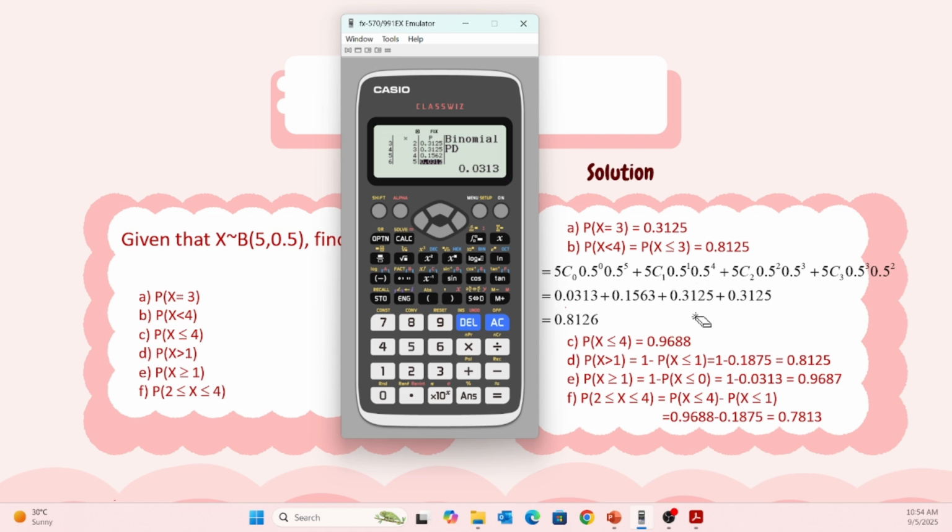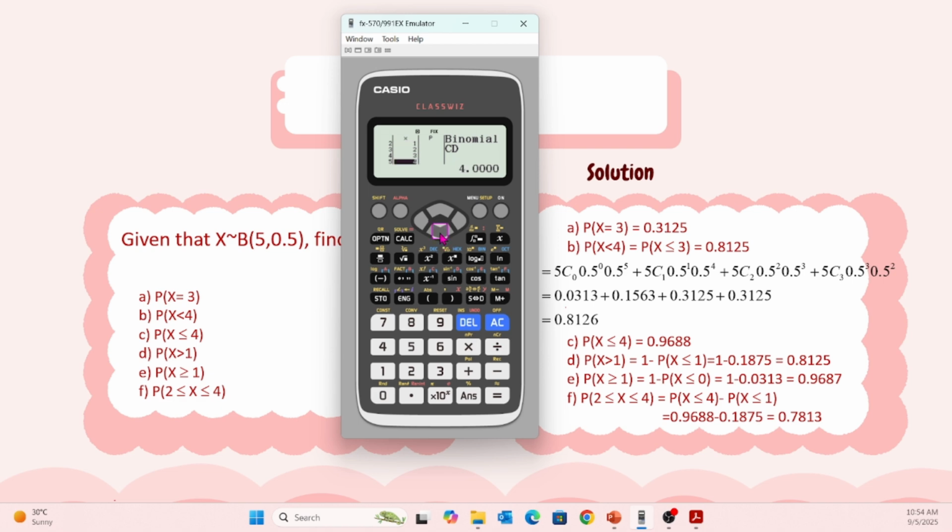Okay, so you can list down. Then in this case, for x less than or equal to 4, either you add up from x equals 0, x equals 1, x equals 2, x equals 3, up to x equals 4, or we can use another distribution. See binomial CD, we choose list. This is the binomial cumulative distribution function.